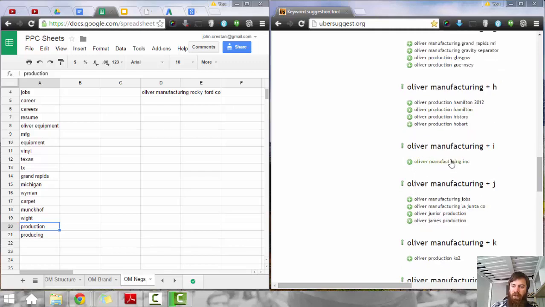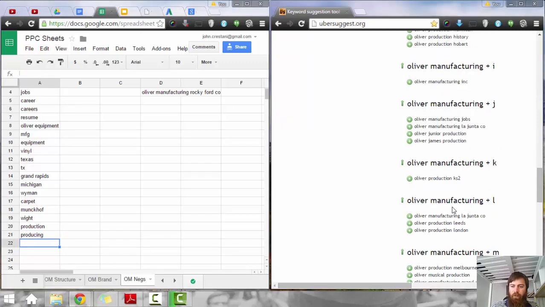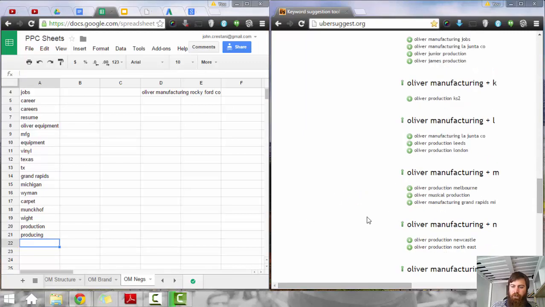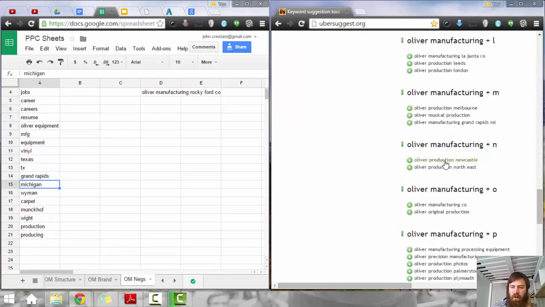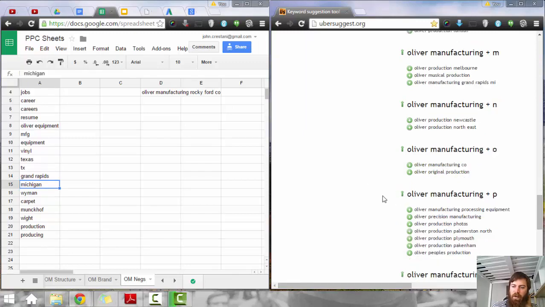That could have been a really bad term that would just get rid of a lot of our stuff. We're going to get rid of Junior and James, even though those should be negatived out by just the fact that it's production. Oliver Production, KS2, Manufacturing, Grand Rapids. We already got rid of Grand Rapids, and we have Michigan here. So we're seeing a lot of these terms that would show up with Oliver Production are being negatived out.